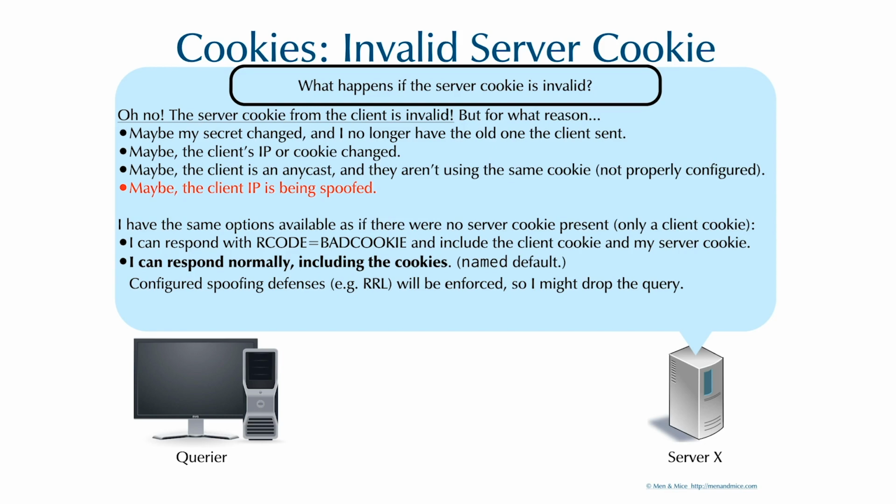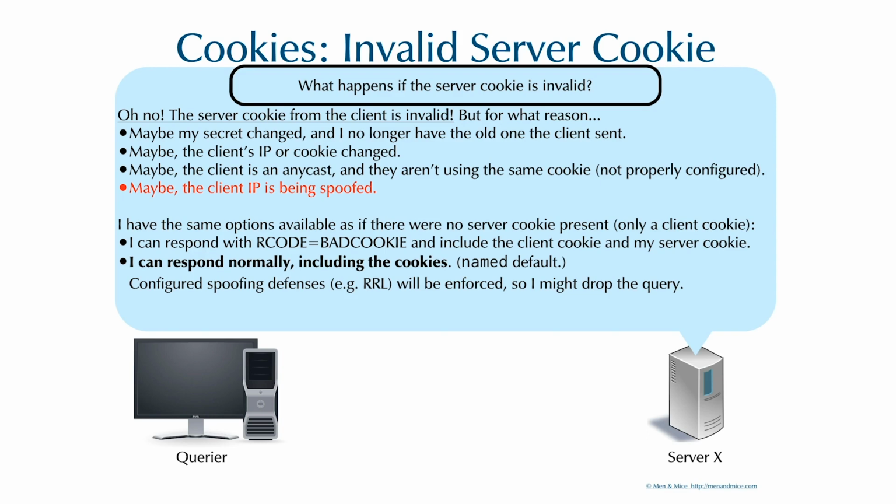what does he do? He's got all these possibilities. Well, the server has the exact same options as at the very beginning when there was no server cookie present, only a client cookie. The server can respond with bad cookie. BIND does not do that, not by default.